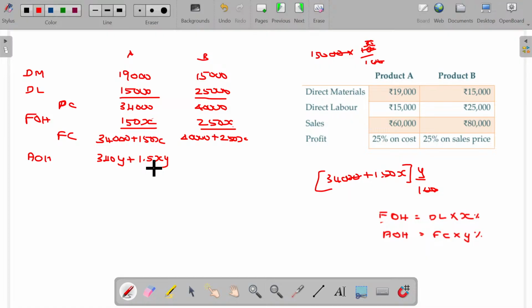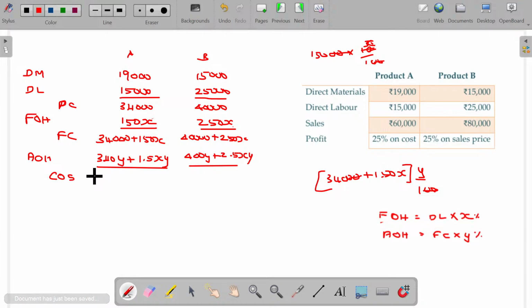Is that clear? Similarly here 400y plus 2.5xy. This final value will be cost of sales.